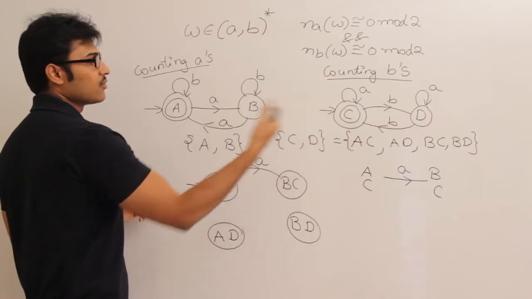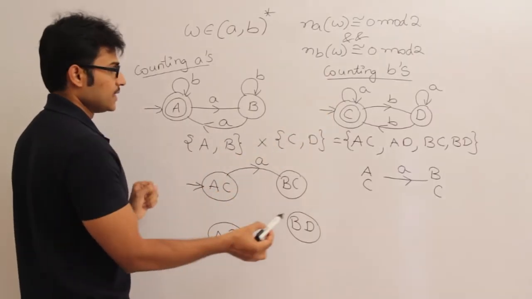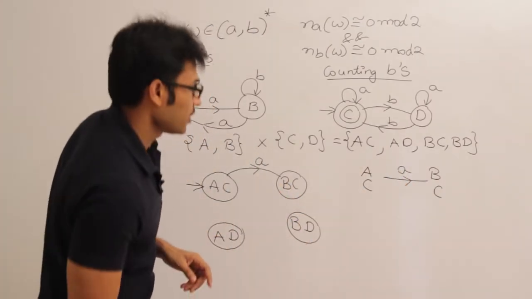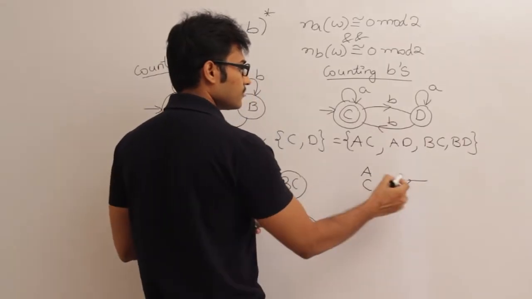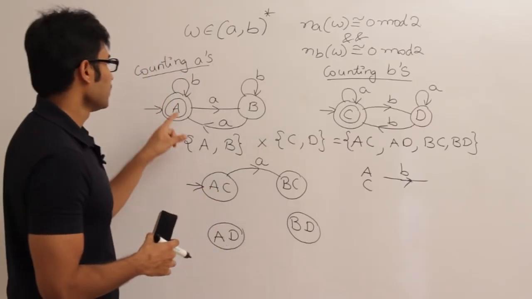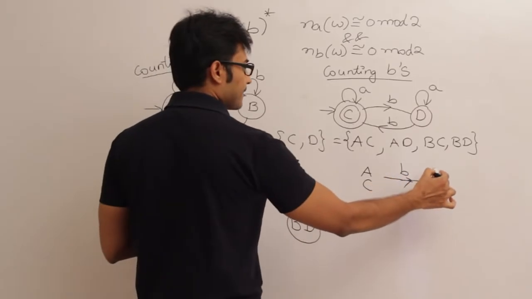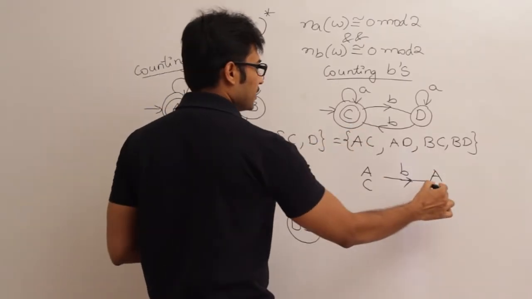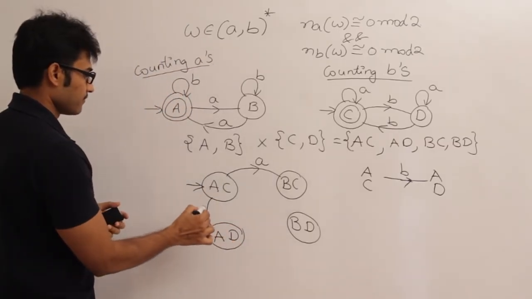So I have to go to BC. Now AC on small b: capital A goes to capital A itself, and capital C on small b goes to capital D. Therefore AC on small b goes to AD.